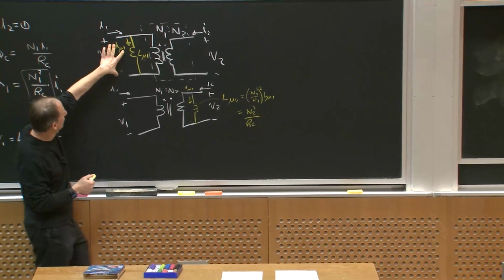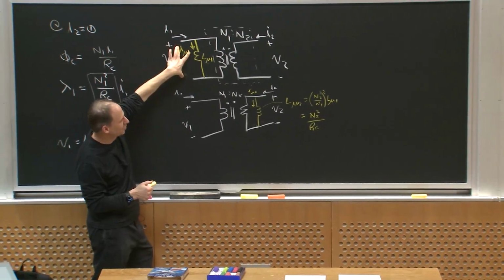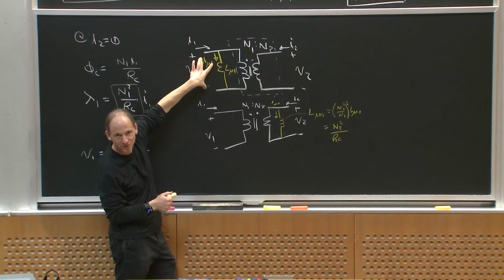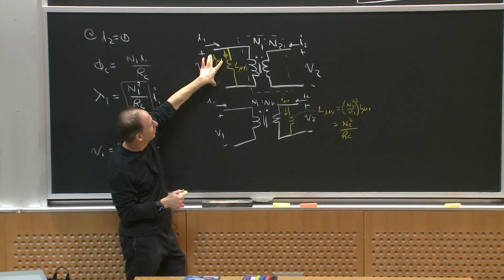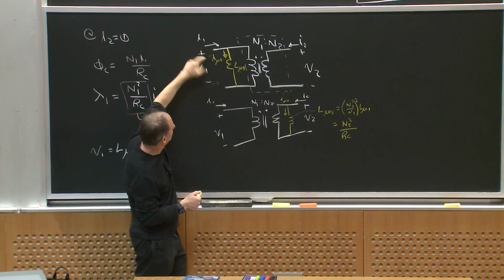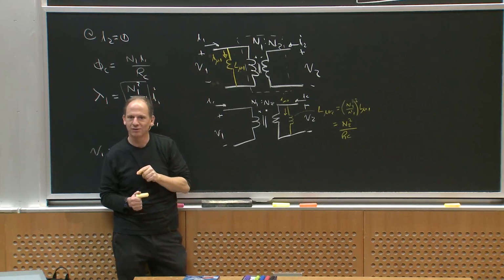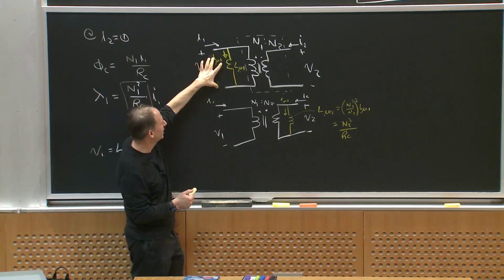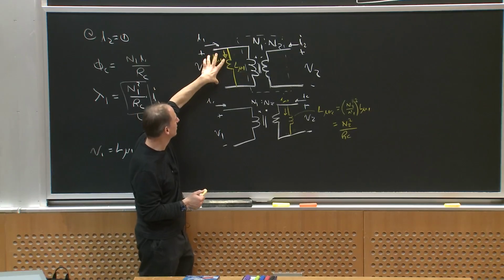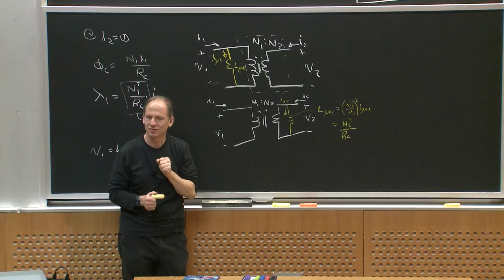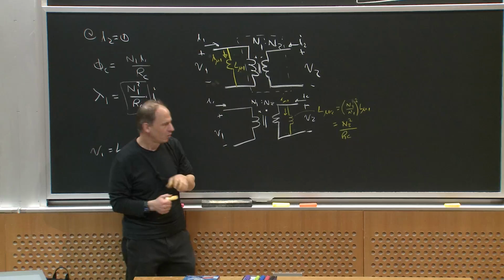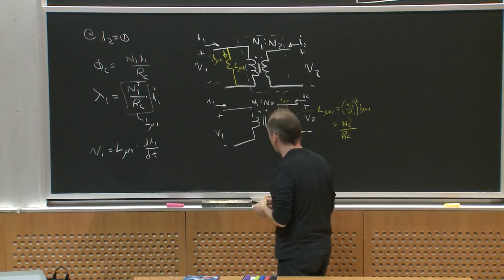What would happen if I applied a constant voltage across the primary of this transformer? Well, I'd have a continuously increasing magnetizing current forever. V is equal to L di/dt. If I have a constant voltage here, I have a constant di/dt in this inductor.